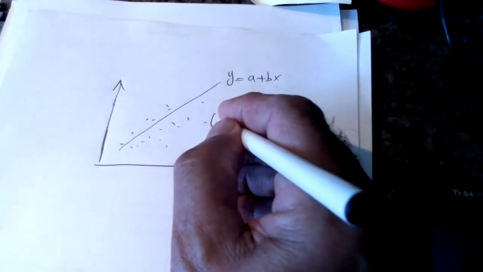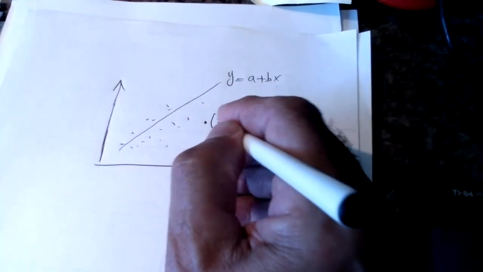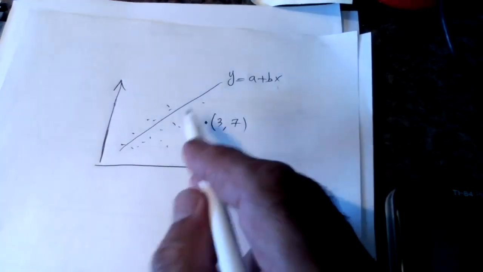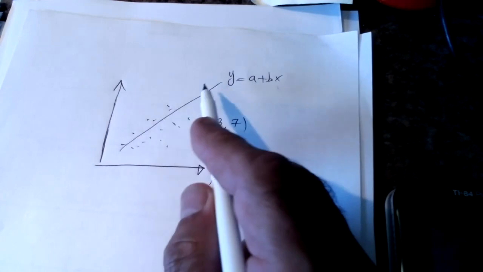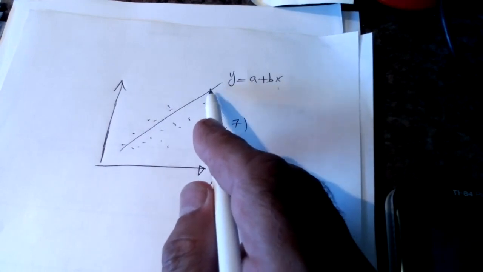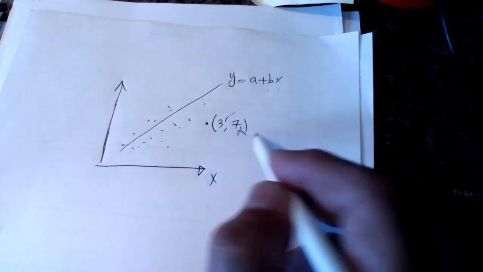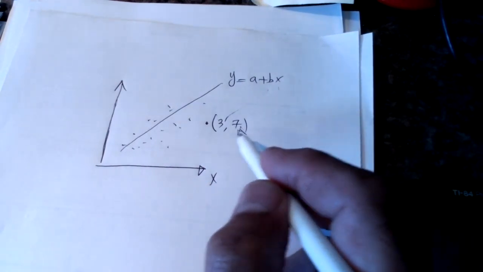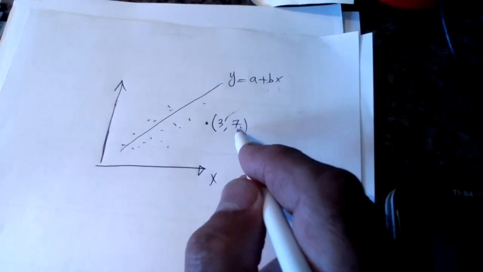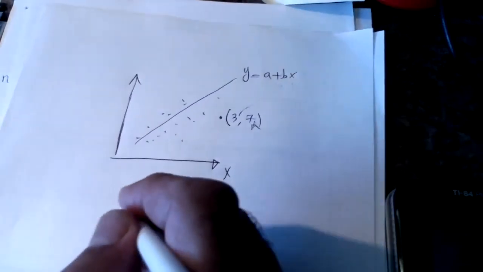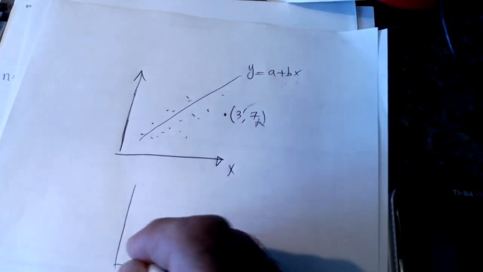But let's say there is a point that we already know was like 3.7. Now, this line is the best fit, but it doesn't mean that if you substitute 3 here, you would get exactly 7. It might get the number closer, but it may not give you the exact one because this is just the best fit.